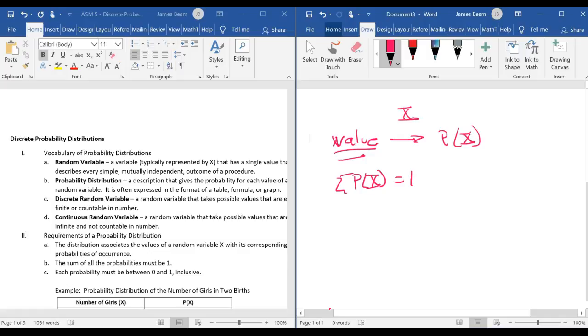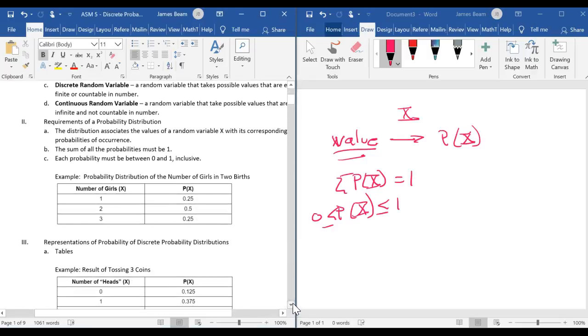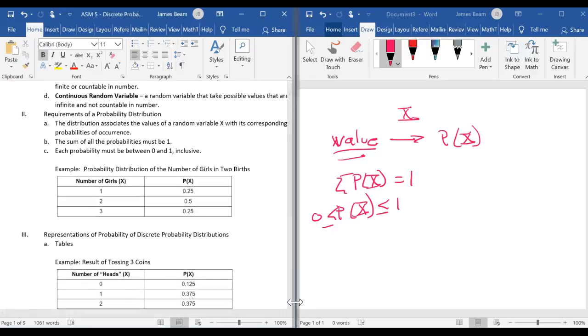They also have the requirement that each of the probabilities has to be between 0 and 1 inclusive, right? So you can't have one of the values have a 2 and one of them have a -3. That doesn't make sense. So if you have this and it's associated to a procedure and its events, then you have a probability distribution.